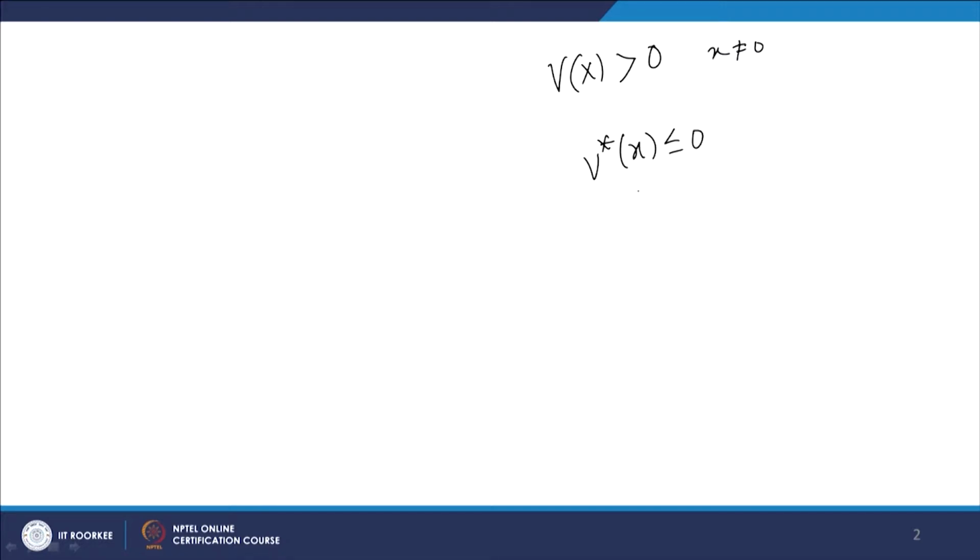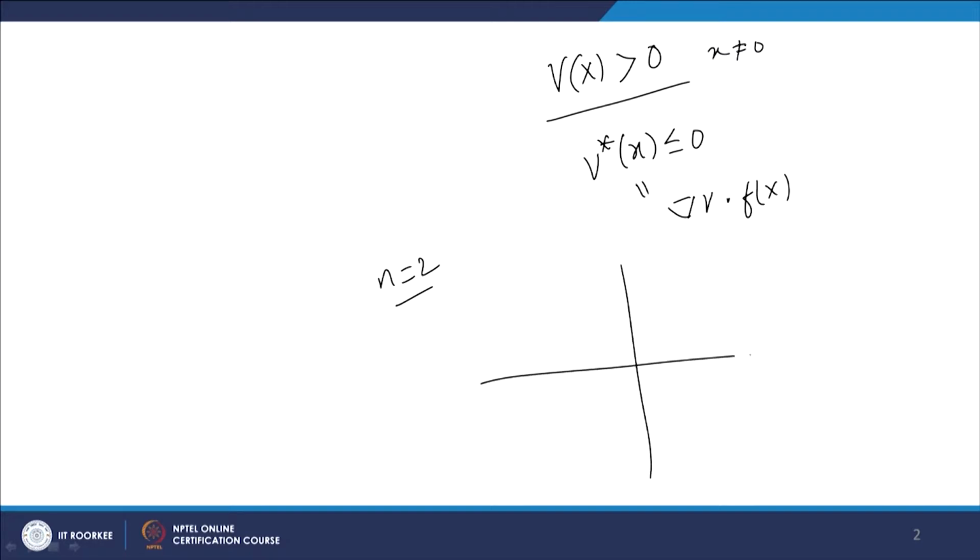Now, V star x is basically del V dot f of x. Let us take n equal to 2 now. V of x basically represents a kind of surface, and that surface includes your 0, because when x is equal to 0 it reduces to 0, since V of 0 is equal to 0.